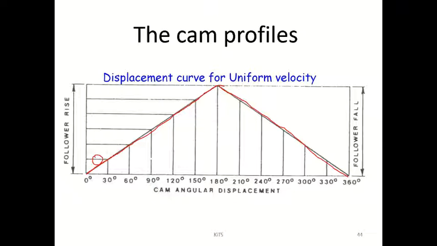For example, if you have a roller follower, it will go up gradually. It will go to the top position like this, and it will not stay on the top.